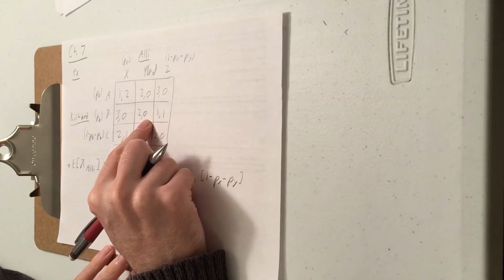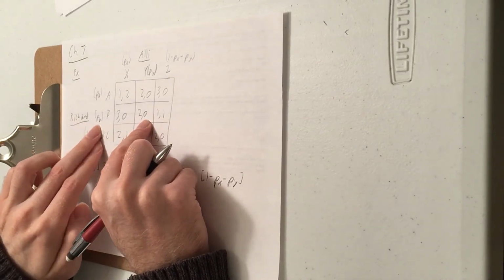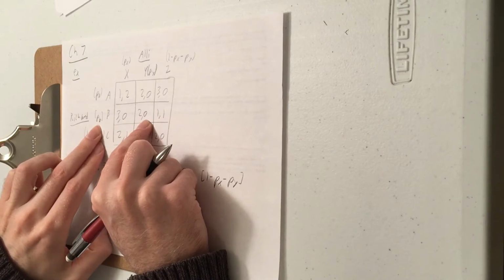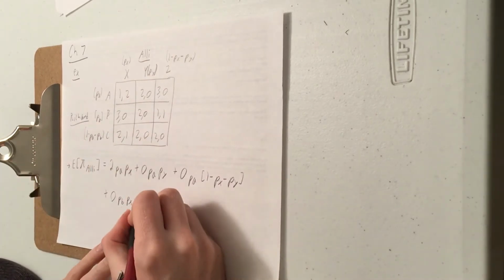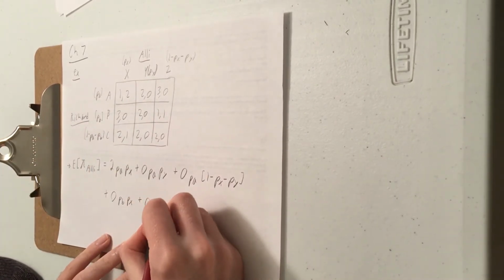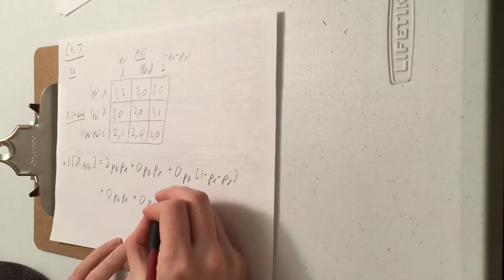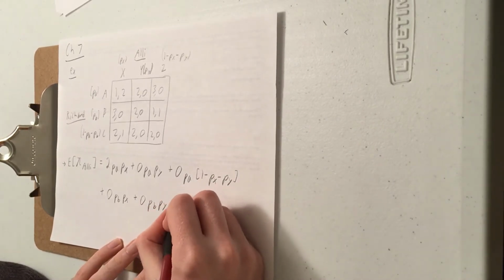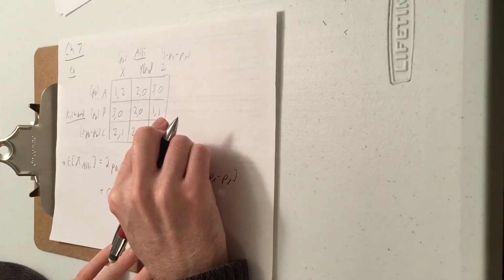We could also be in the middle here. That happens if Richard plays B with probability PB and Allie plays Y, probability PY. So 0 times PB PY. Allie gets 1 over here.